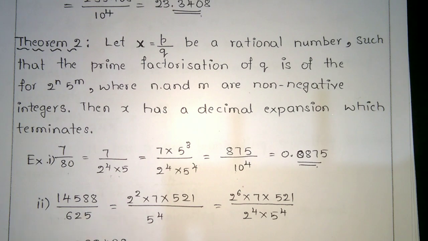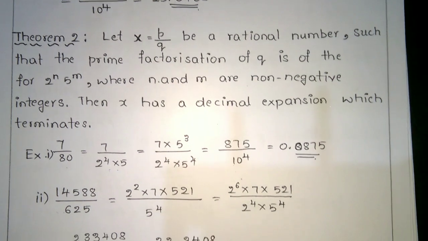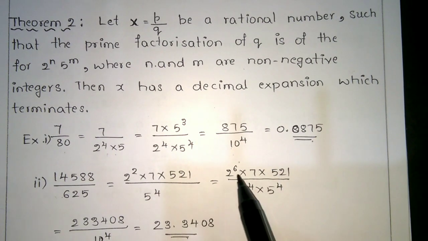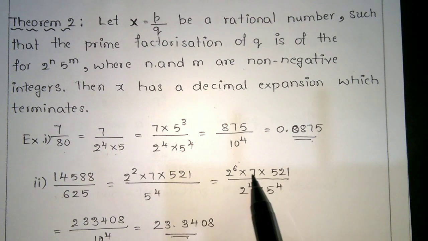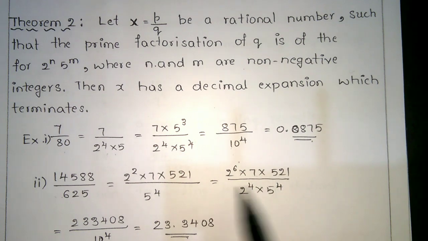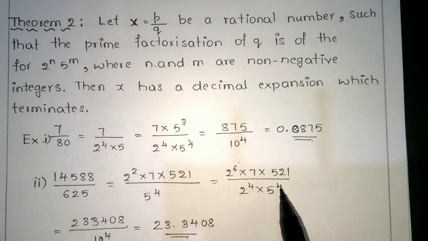Like that, 14,588 divided by 625, the prime factorization becomes 2 power 2 into 7 into 521. 521 is prime. So divided by 5 power 4. Multiply and divide by 2 power 6 on both numerator and denominator. So you get 2 power 6 into 7 into 521 divided by 2 power 4 into 5 power 4.